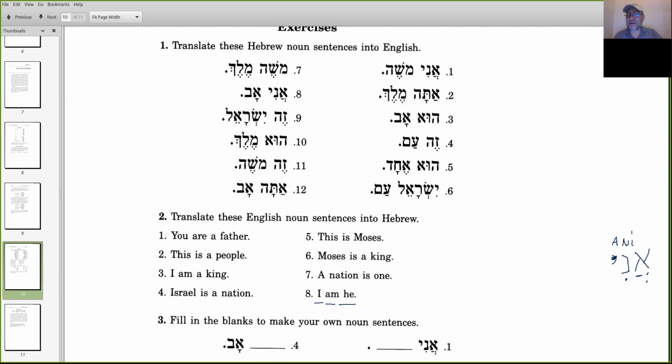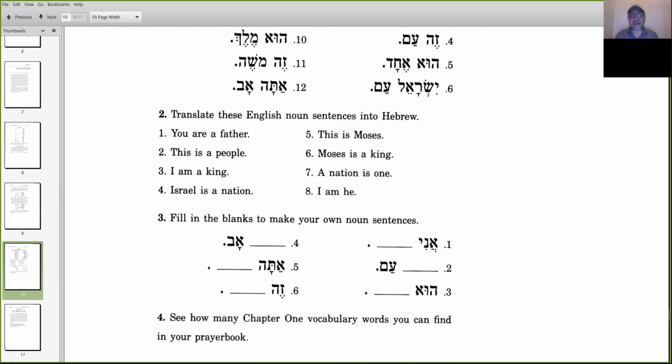And then we need the word for he in Hebrew, which is hu. The word hu starts out with a hey, and it has a shurik next to it that gives it that oo sound, and then it finishes with an aleph. Hu. Ani, hu. I am he. Okay, so that completes the exercises in section 2.